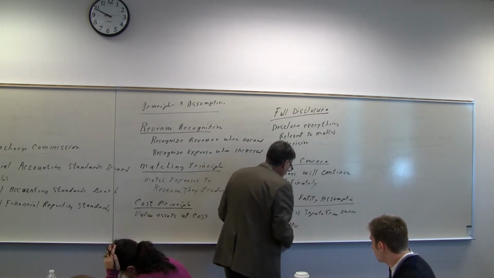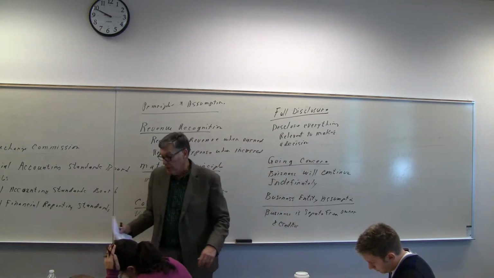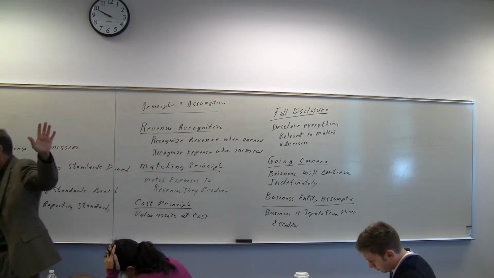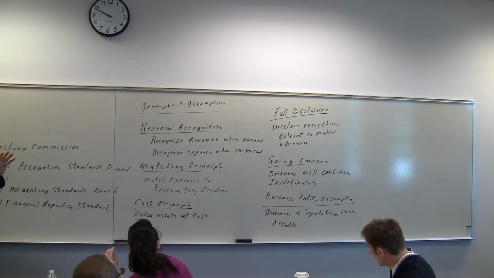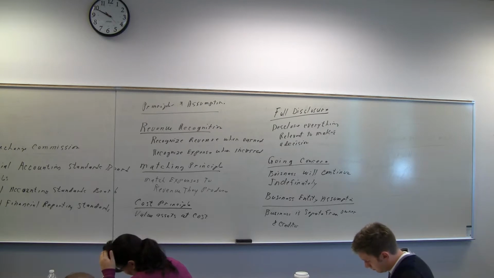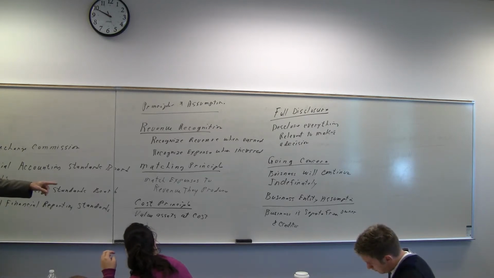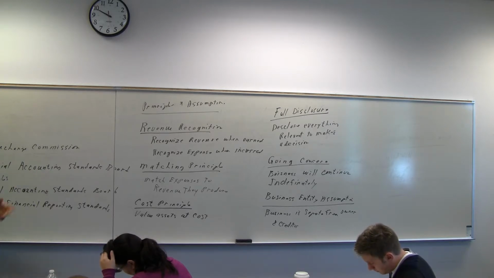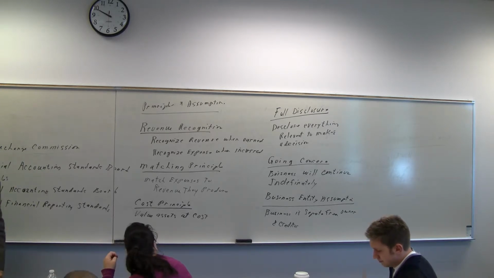Do you remember the fundamental accounting equation? You have all the assets, what the business owns, on one side, and then you have the creditors' equity and the owner's investment. So the business is separate.